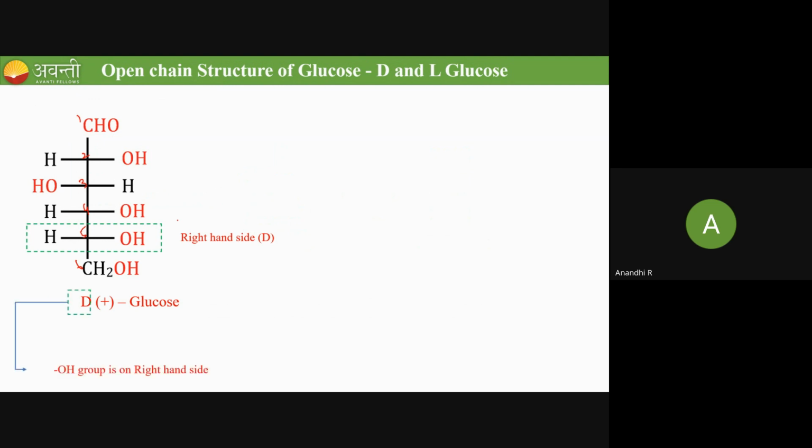So D represents the OH group on the right hand side, and this plus symbol represents that the particular compound will rotate the plane polarized light in the clockwise direction. You might have studied this optically active concept in your organic chemistry lessons.